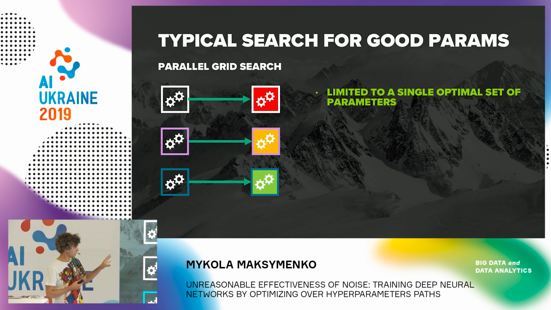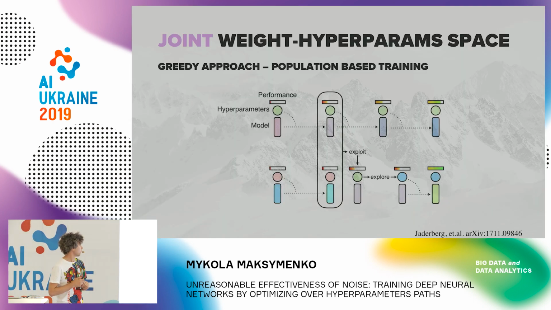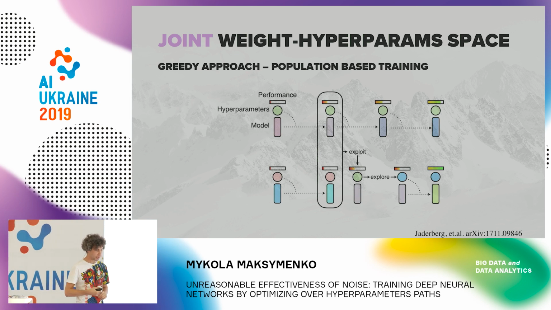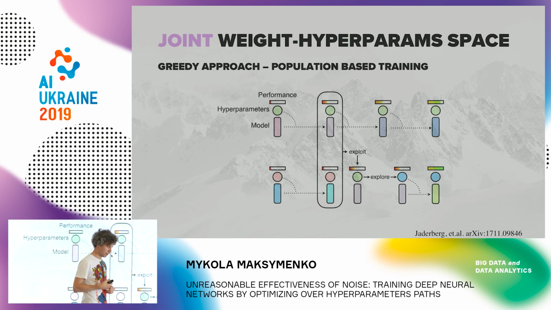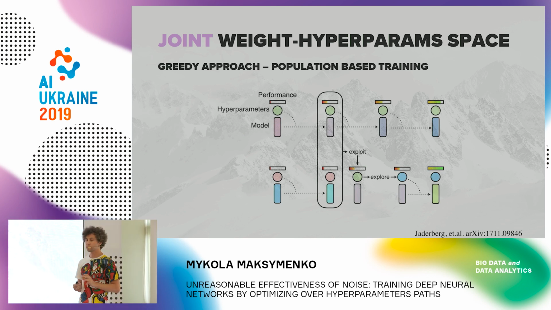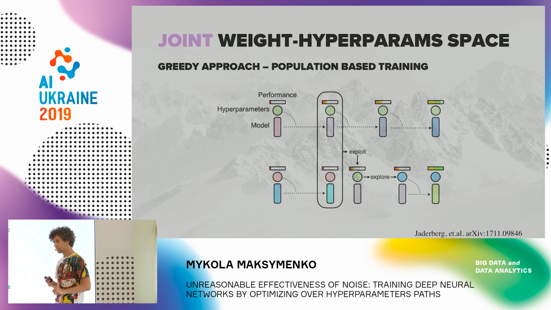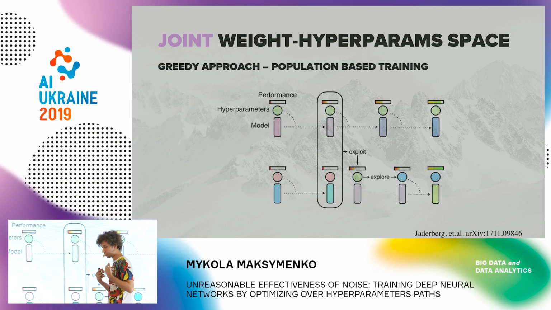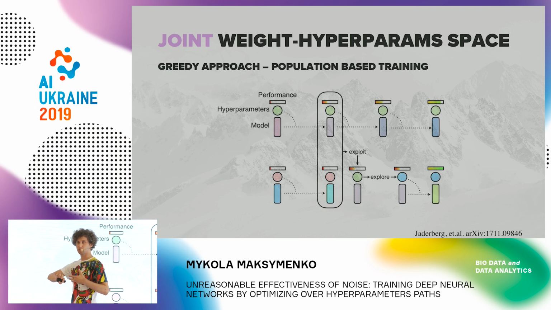And again, you limit it to a set of parameters. So what we want to showcase here, and what was already tried by another group as well, is merging hyperparameters and weight space. Here is an example where it was done in a slightly different manner than ours, and actually it's kind of a subclass of our model.